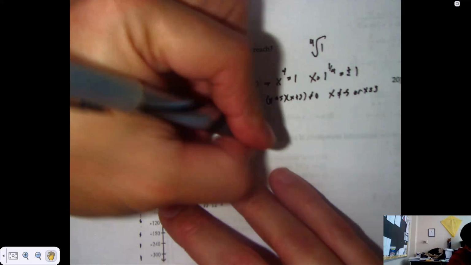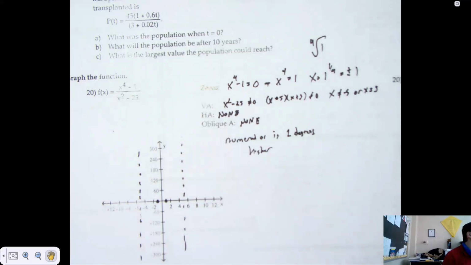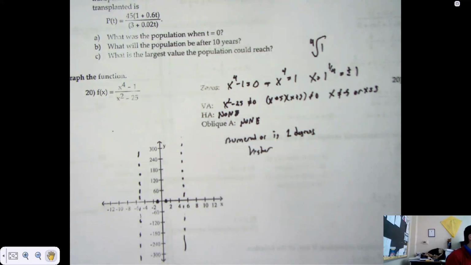None. Why not? Yeah, the numerator is 2 degrees higher. The deal is you can only be 1 degree higher. And I have never heard of a quadratic asymptote. I'm not saying they don't exist, I just haven't heard of them. They probably do exist. I've just never heard of them.